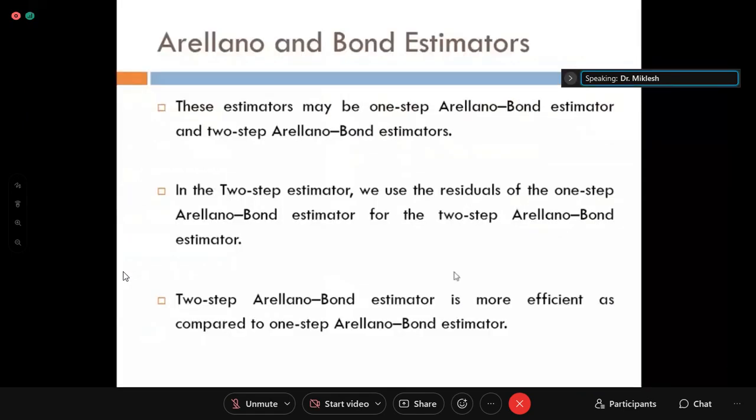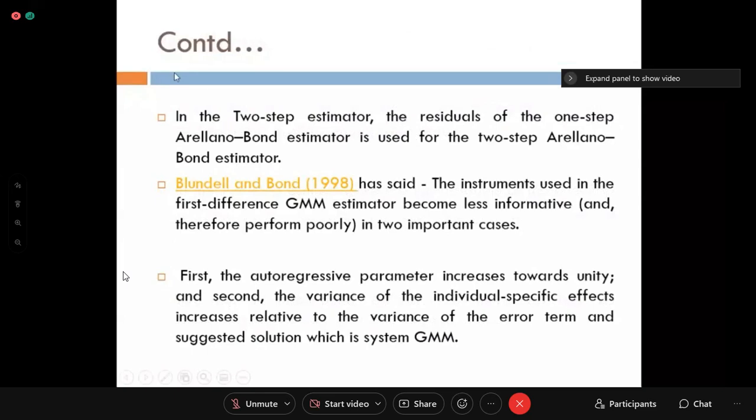Look, the two-step Arellano-Bond estimator is more efficient as compared to one step, which we have already seen. In the two-step estimator, the residuals of the one-step Arellano-Bond estimator are used.